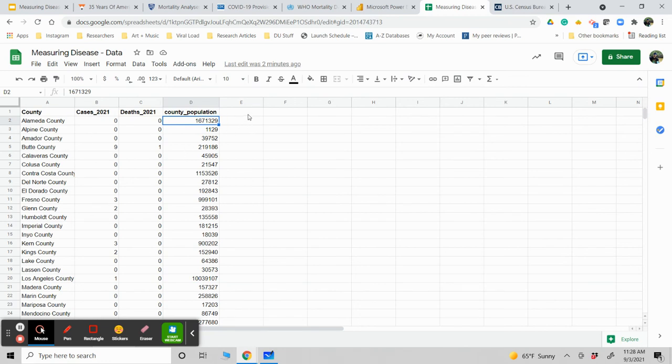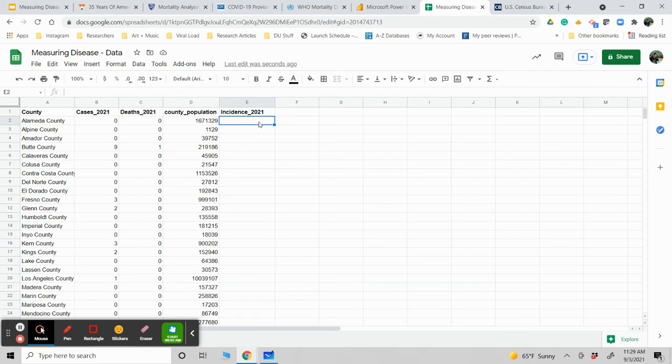And let's look at mortality rate and incidence rate. So let's start with incidence rate. 2021. So I know that my calculation is the number of cases divided by the size of the population.